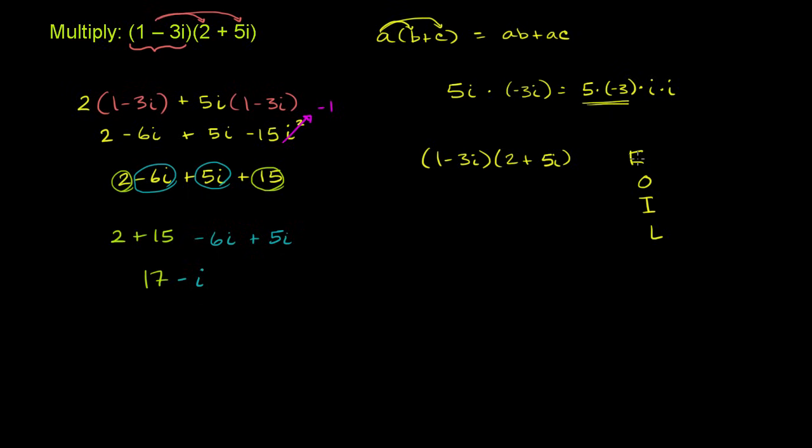So FOIL says, let's multiply the first numbers. That's the 1 times the 2. That is the F in FOIL. Then it says, let's multiply the outer numbers times each other. So that's 1 times 5i. This is the O in FOIL, the outer numbers.